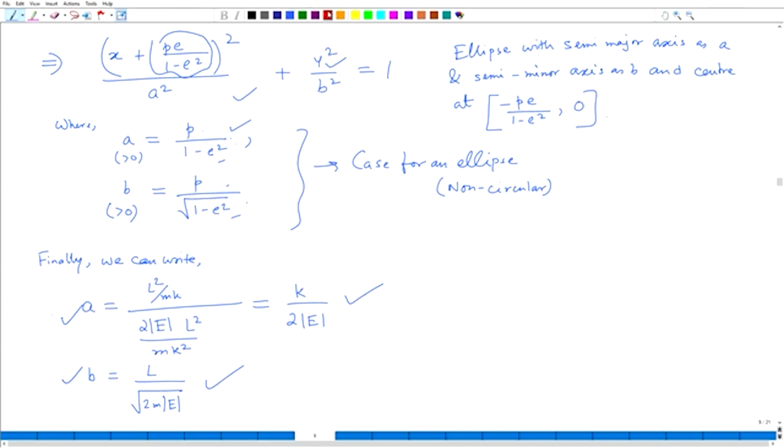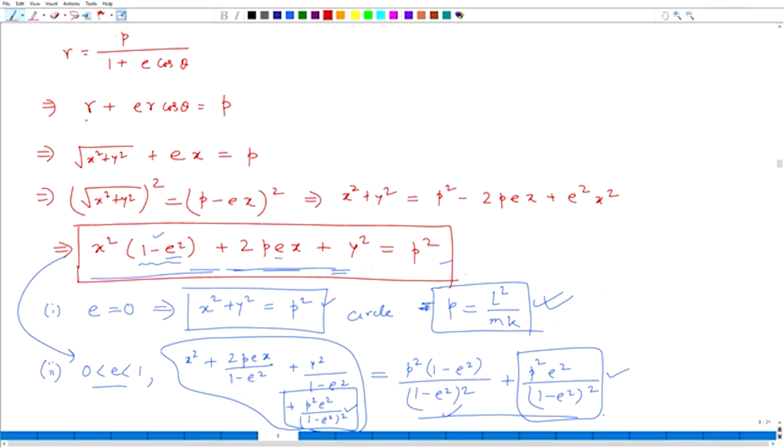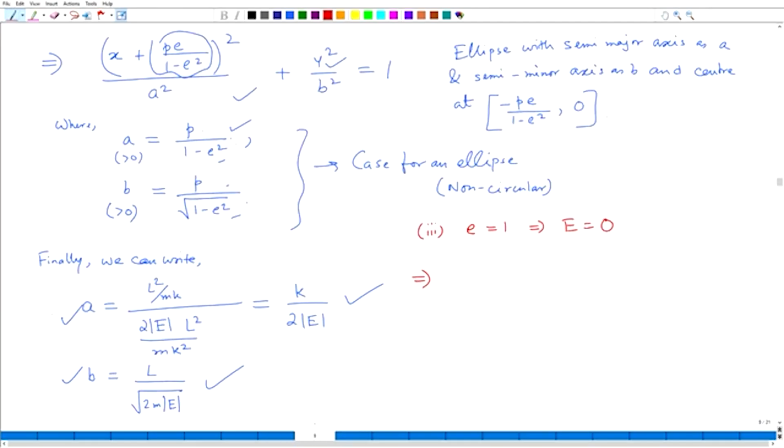The task for you will be to check; I can also do the case for the parabola, which is also not very difficult. So, E is equal to 1 and that is the total energy is equal to 0. You will see this parent equation reduces to y square is equal to p square minus 2 px, which is nothing but minus 2p times x minus p by 2.